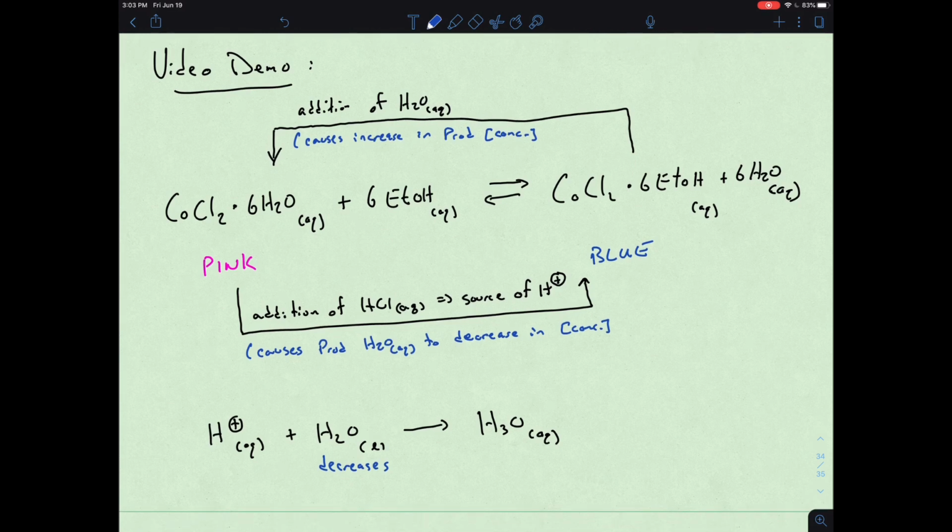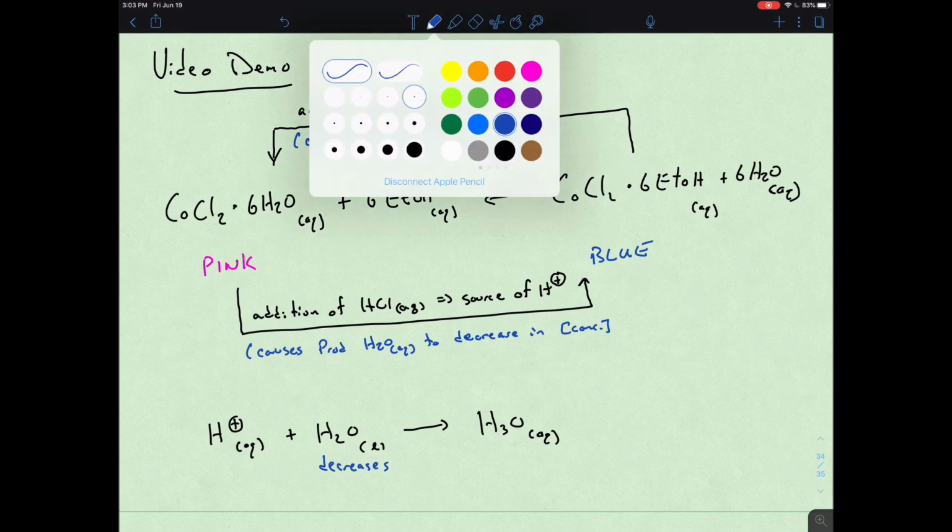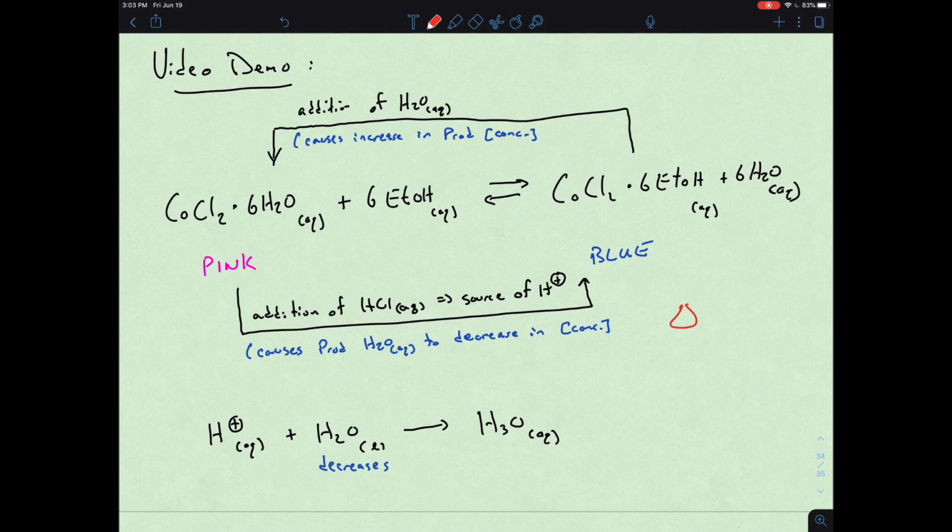The other thing that we should know about this reaction is that the delta H for this process is positive. So that would be like having our delta H on our starting material side.